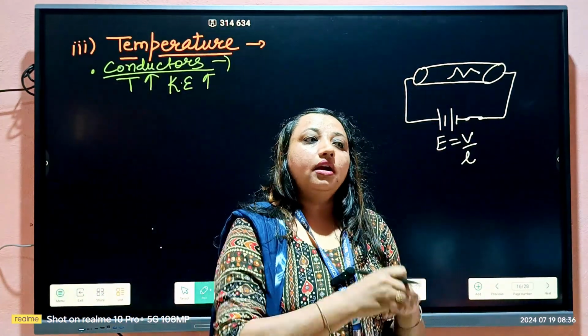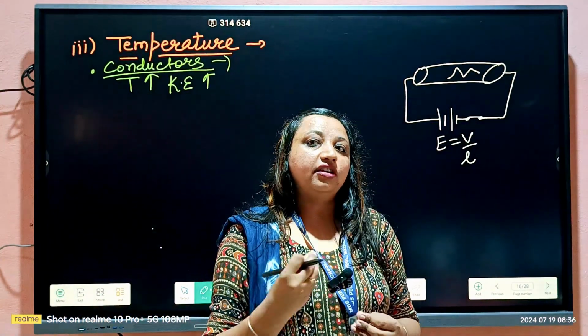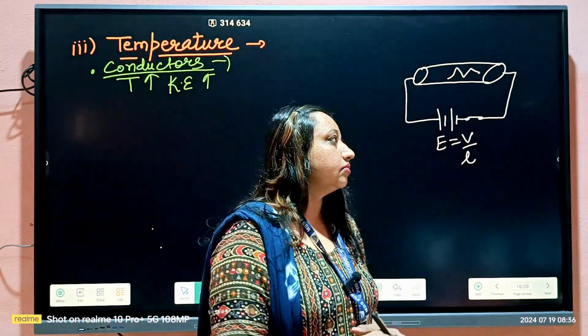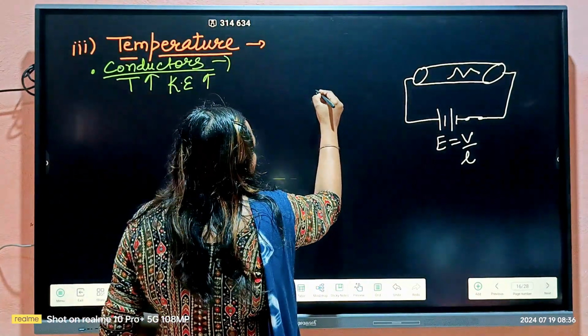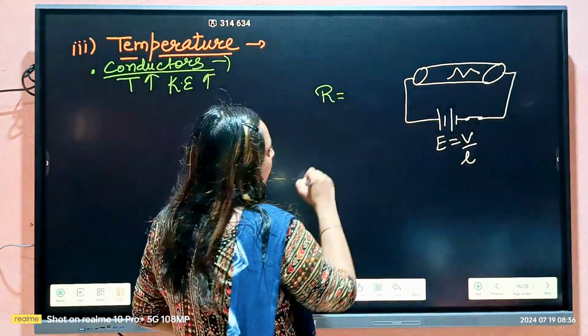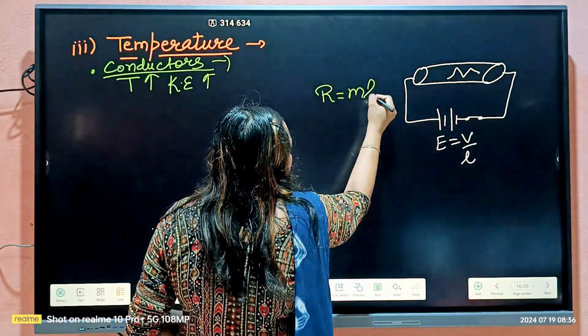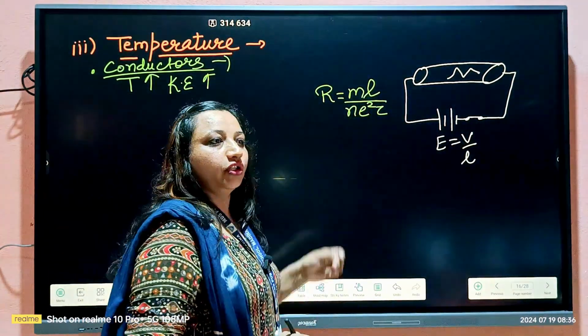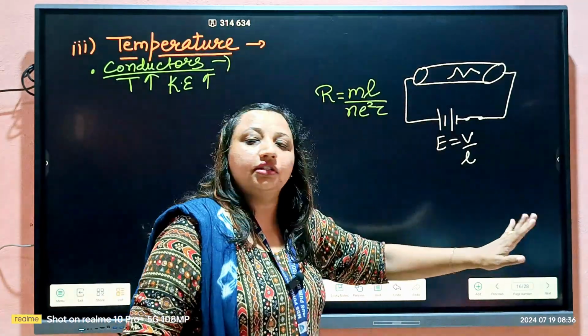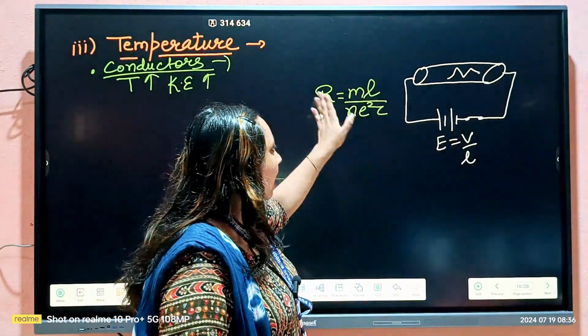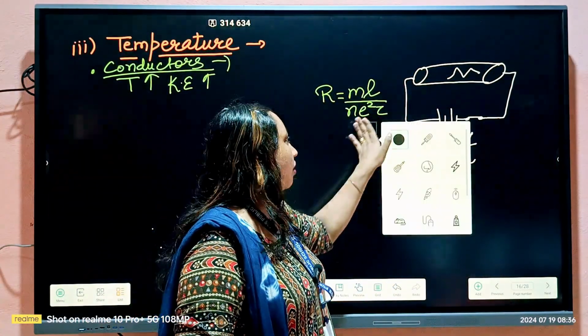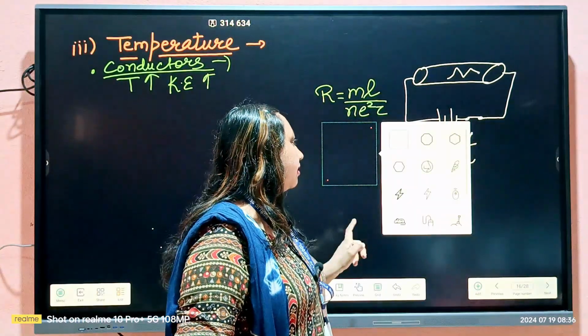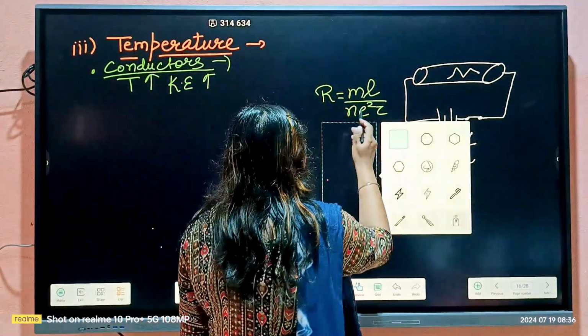right? And according to the vector form of Ohm's law, the formula for resistance will be R is equal to ml over n e square tau. We will also deduce it in the further topics. So R is equal to ml over n e square tau.